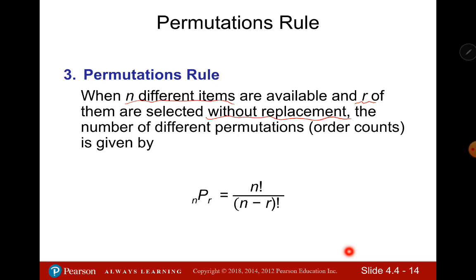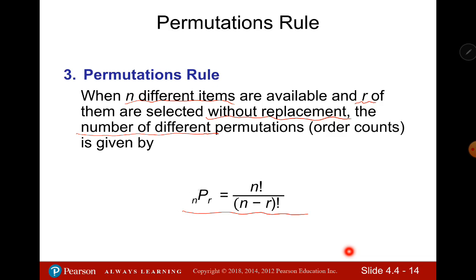So we pick R items from n items, selecting R out of n. And for the number of total outcomes, we can use this formula.